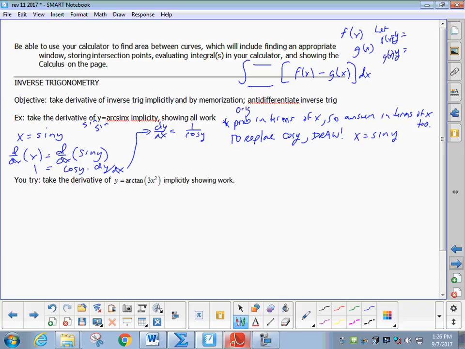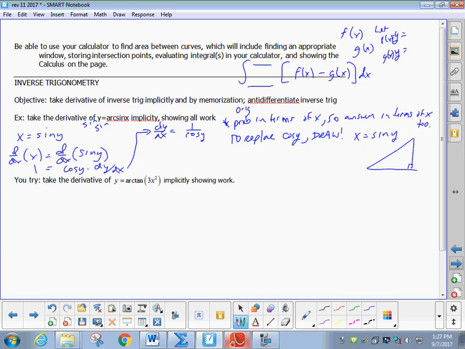The starting fact about this problem, okay? x equals sine y. That implies a picture. What does it imply? A right triangle, yeah? It's a right triangle shape.